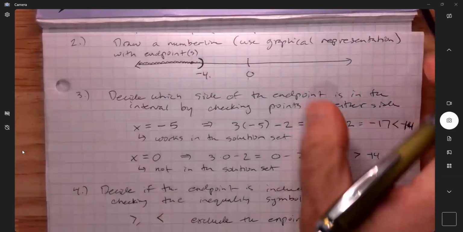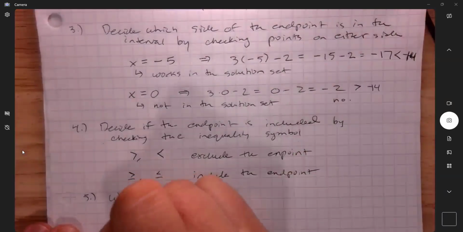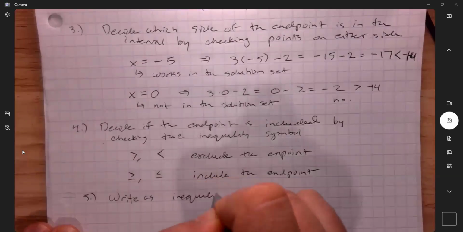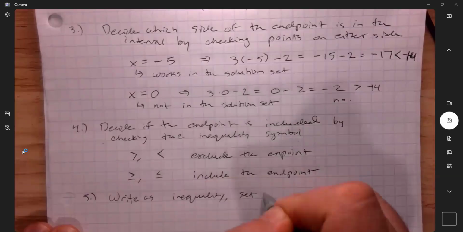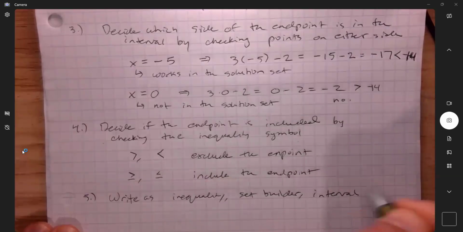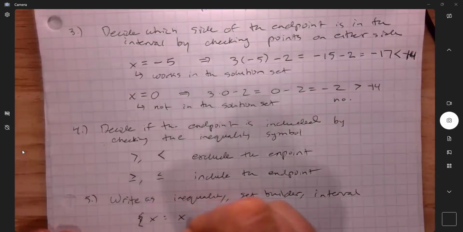And so now we can write it as an inequality or set builder or interval, however you want. I'll write it this time as a set builder. This is x such that x is strictly less than negative 4.